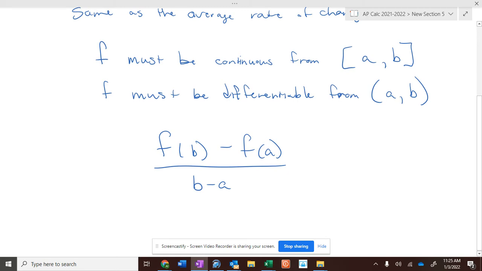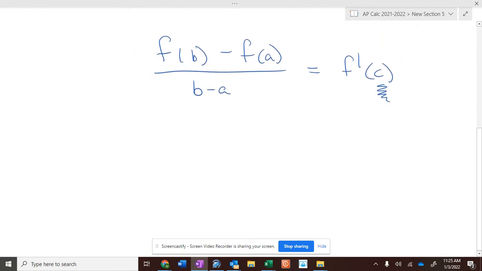F of B minus F of A over B minus A will be equal to the first derivative at C, the instantaneous rate of change. So we have to find some C that'll match this average rate of change.